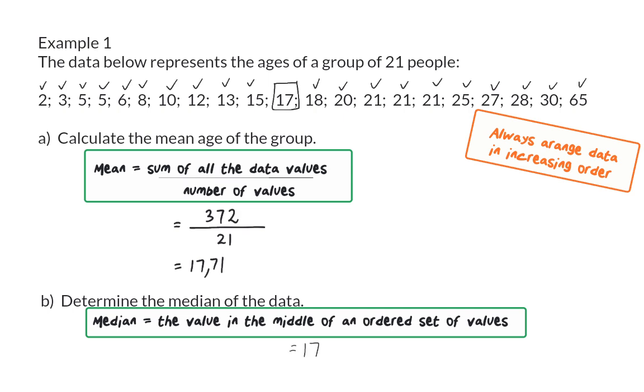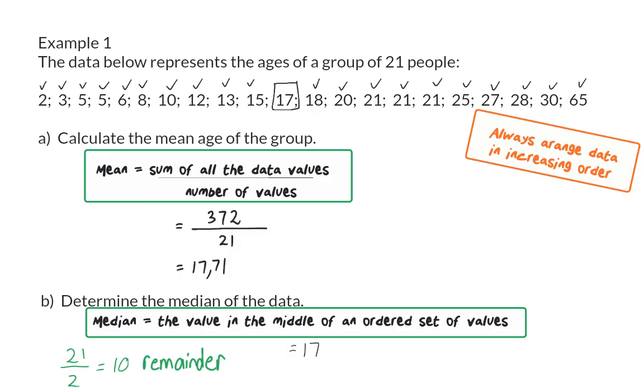Or you can decide to take the 21 data values and divide it into two groups. That will give you 10 in each group with a remainder of 1 in the middle. So if I start counting the first 10 values from the left, you will see that 17 is the value right after that first group of 10, and after 17 we have 10 more values.